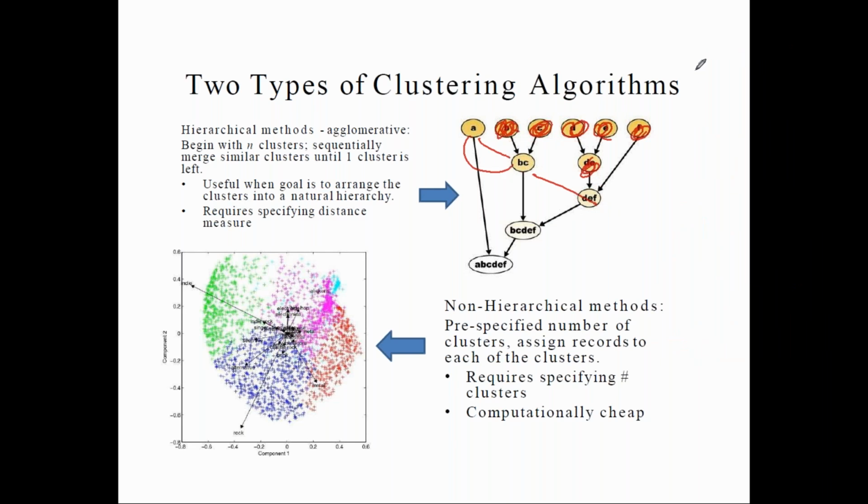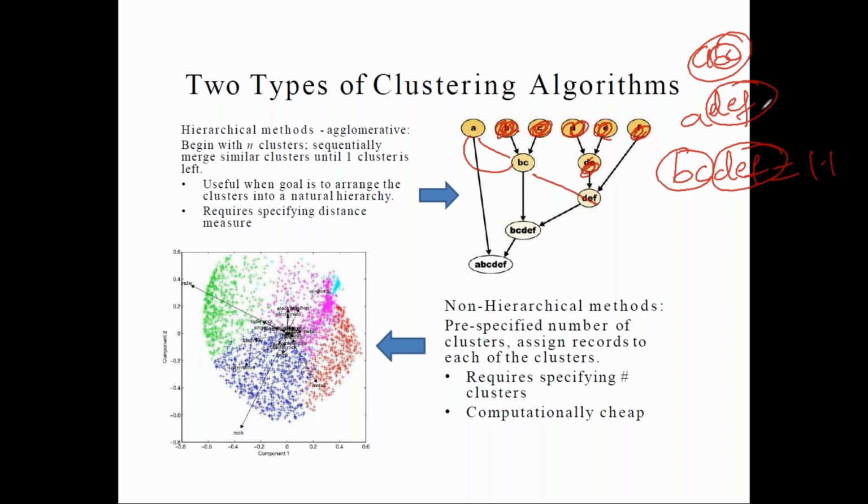Now you need to calculate the distance between A and BC, A and DEF, and BC and DEF. In this case, you will find that one is 1.1 and the remaining are 2 and 3. Which one has the minimum distance here? BC and DEF have the minimum distance.